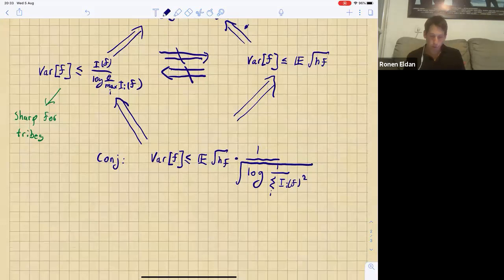Good. So actually, let me go back just a little bit. This implication is not quite true. It's only true for functions such that the variance is omega of 1. But there's an actual strengthening of this conjecture. This is what we're going to prove. Let me write what the strengthening is.